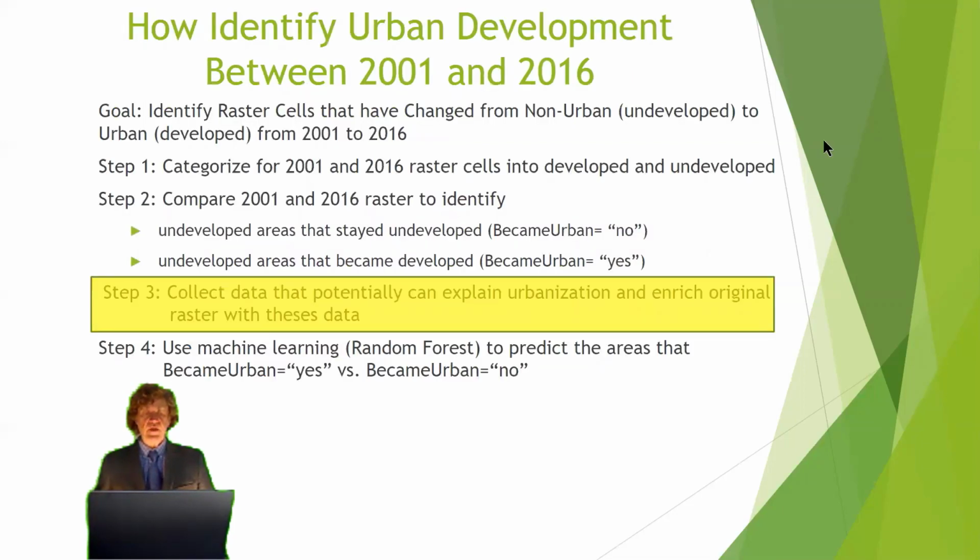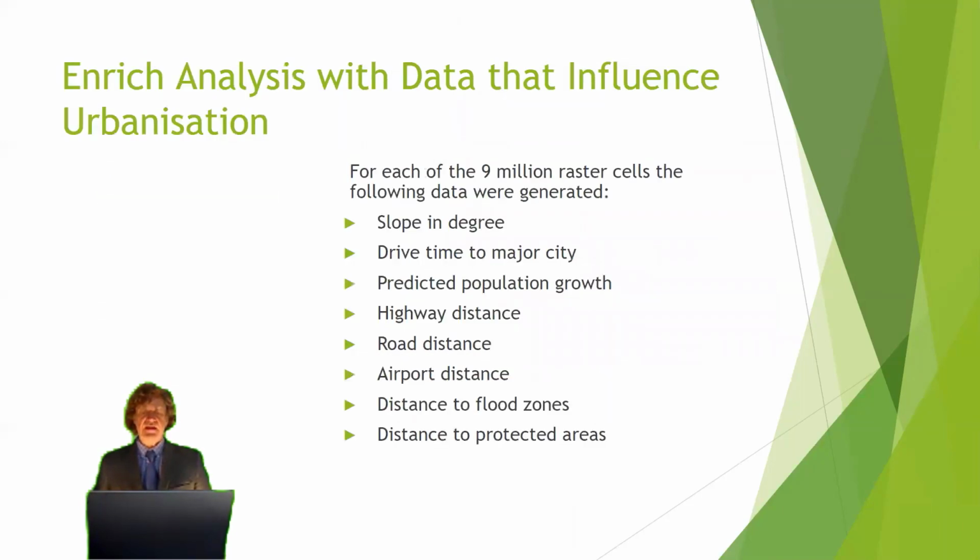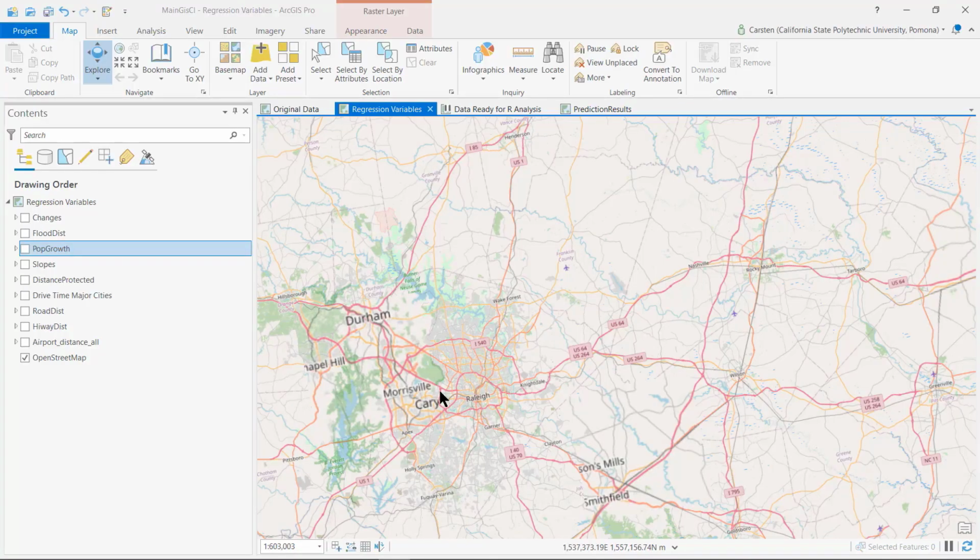Now in step 3, we have to collect data that potentially can explain urbanization and enrich our original raster cells. We used again ArcGIS Pro for it, and these are the data we considered, but it's probably best to show this to you in ArcGIS Pro. My collaborators, Jian and Witold, used the ArcGIS Pro Spatial Analyst extension to create the variables.